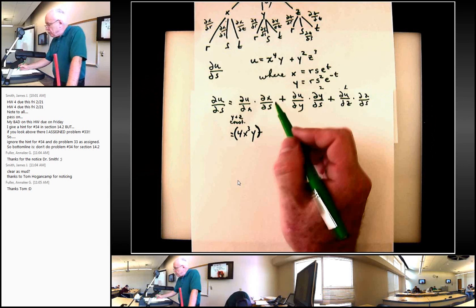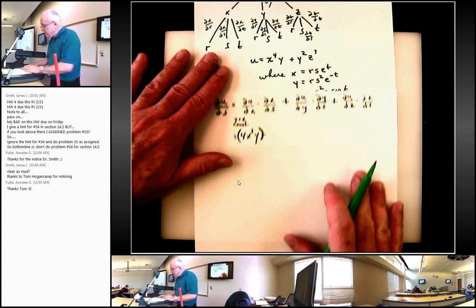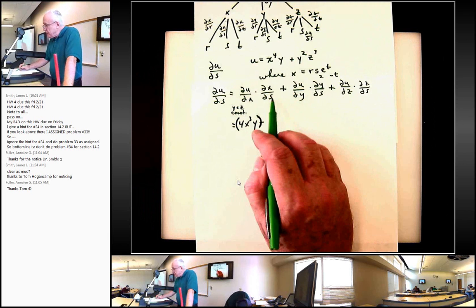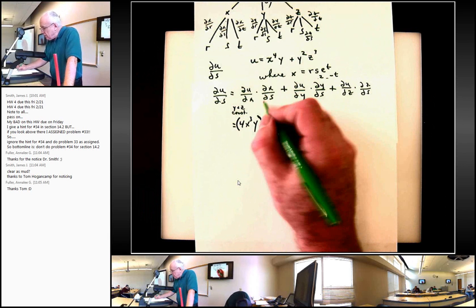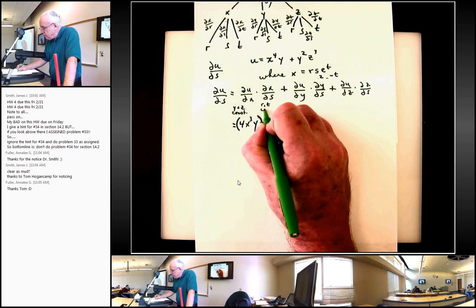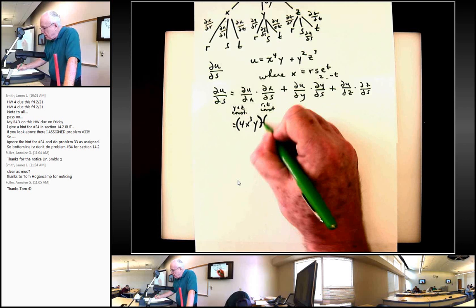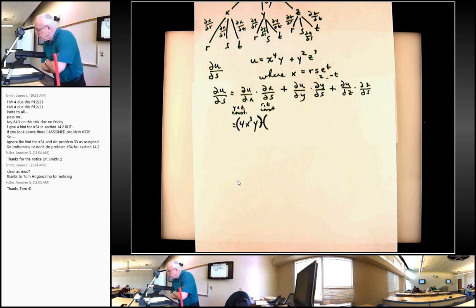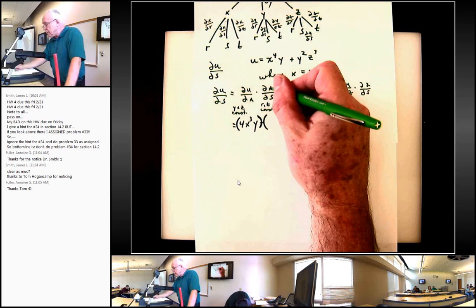So we just have, let me put this in parentheses there. And now we have to do delta X, delta S. And let's see, delta S, so that means R and T are constant, the other two. No, wait a minute. We're talking about here delta X, delta S?